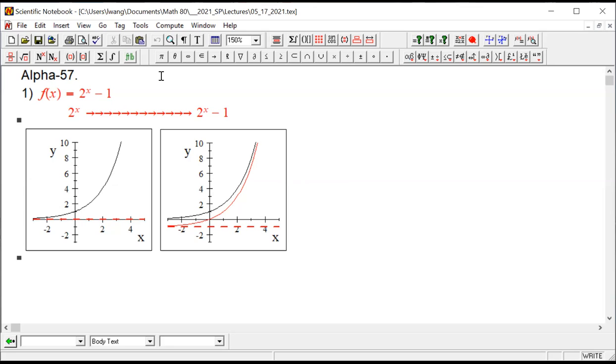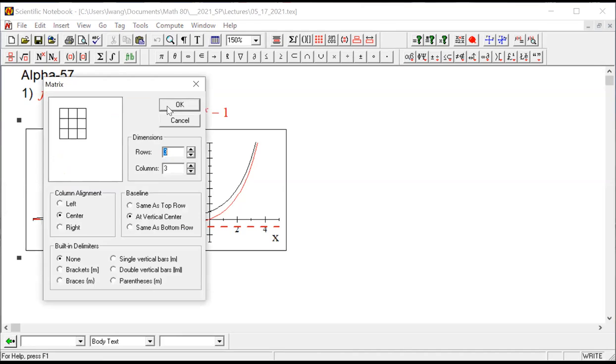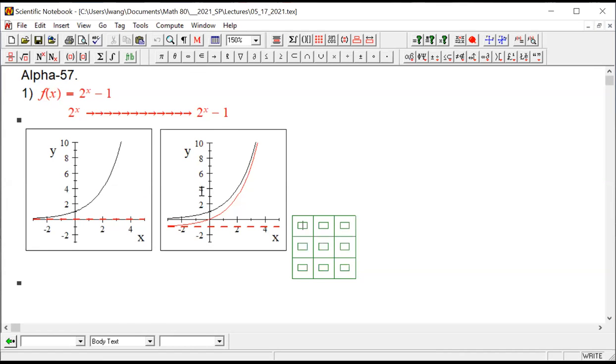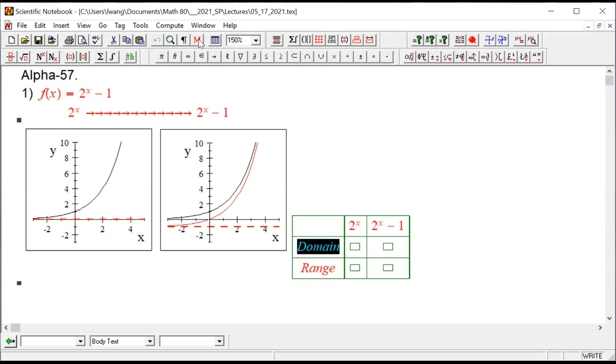So now let's summarize this piece of study, right? 2 to the power x, 2 to the power x minus 1. In terms of domain and range, the domains are the same, from -infinity to +infinity.